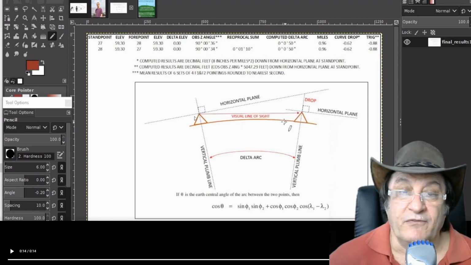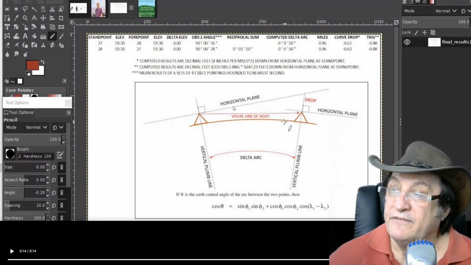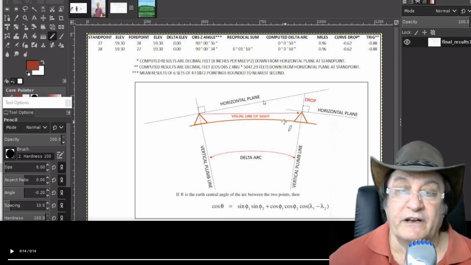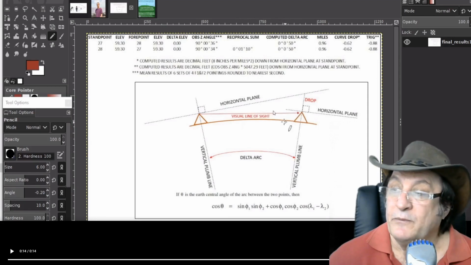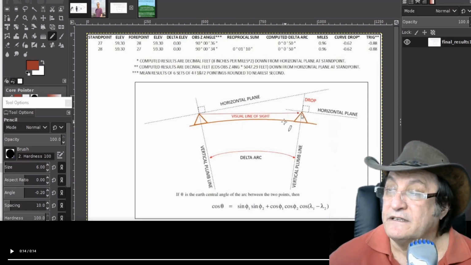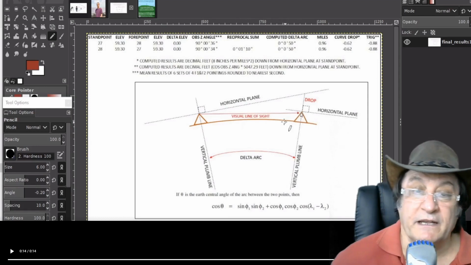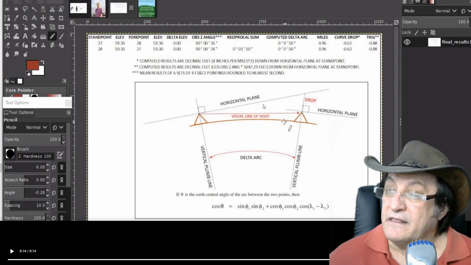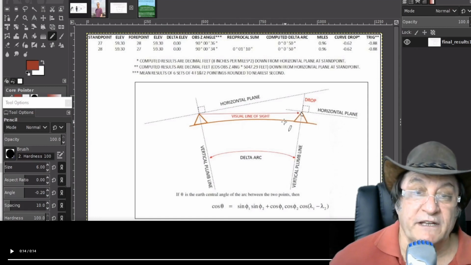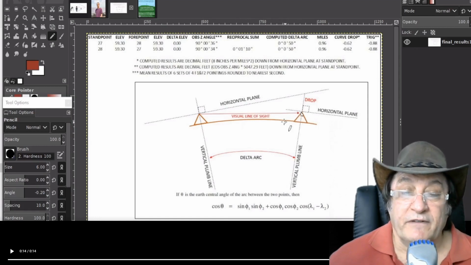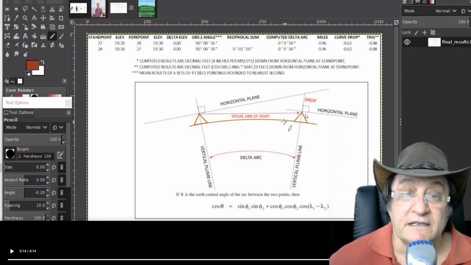So if we have a level line which is represented by that horizontal plane, and we do a line of sight to an object of the same height, then there will be this drop from level if the surface is curved. Now, if the surface is flat, of course, there will be no drop.